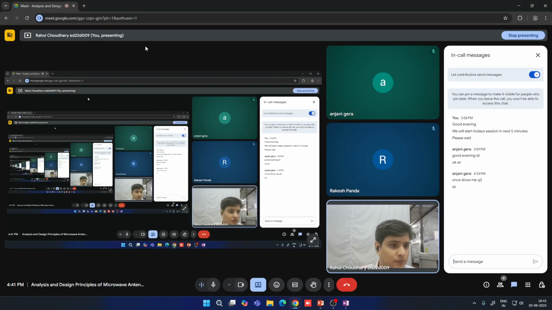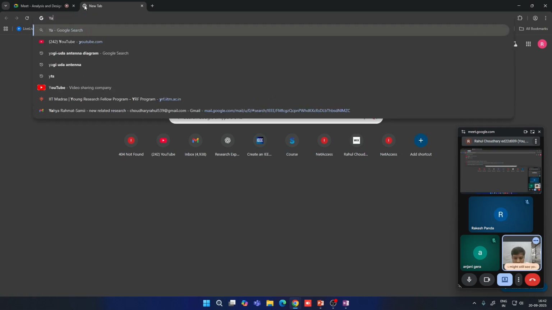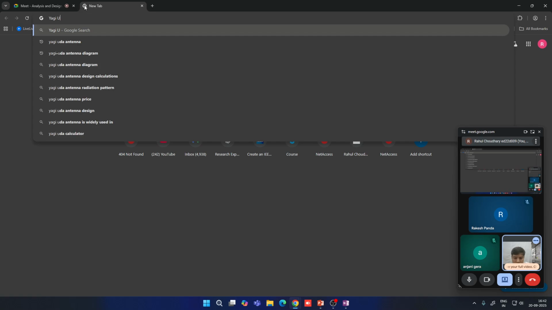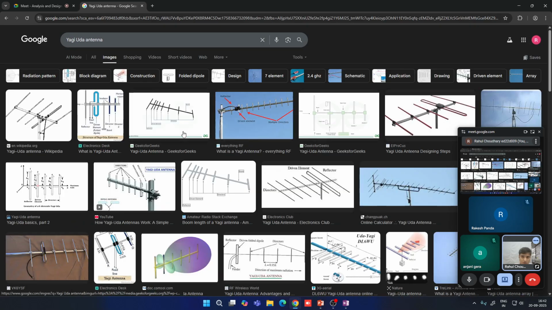I hope this is clear. If I just simply search for a Yagi-Uda antenna, earlier people have used them for TV reception. It looks something like this. That's what a Yagi-Uda antenna is.